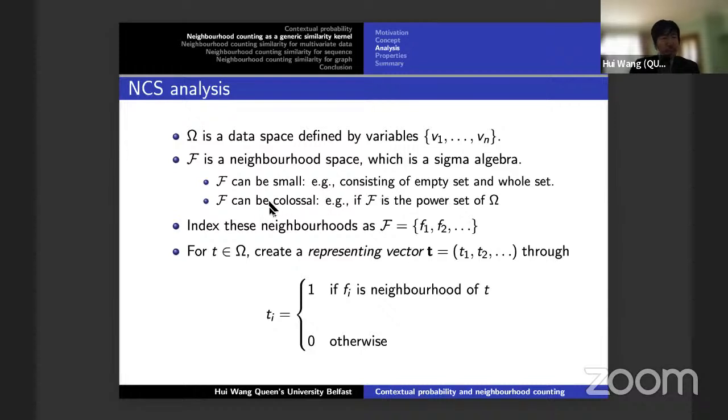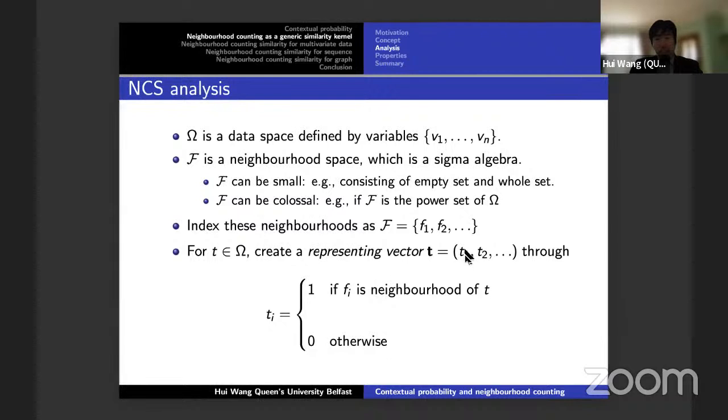But the neighborhood space can be colossal if it is the power set of omega. But conceptually, we can still index the neighborhoods if omega is finite. We can index them in this way: the first neighborhood, the second neighborhood, and so on. And for any data point from the data space, we can create the representation vector in this way.